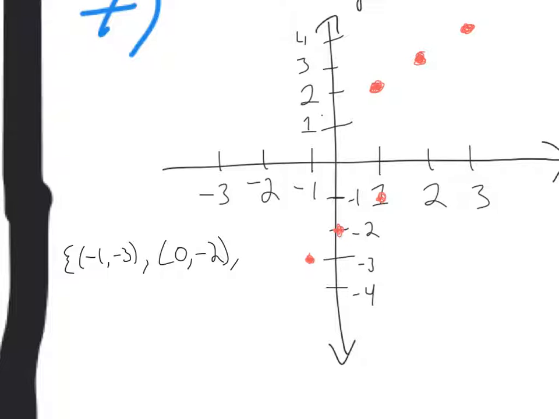The next coordinate is going to be right there, and that is 1, -1. Next point would be up here at 1, 2. The next point would be right here at 2, 3. And then the final point all the way up here is 3, 4.